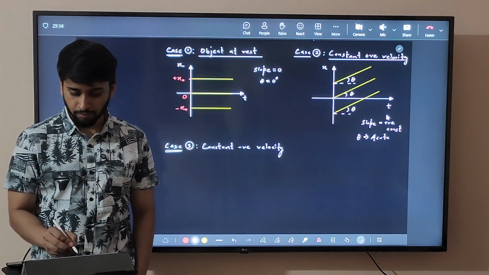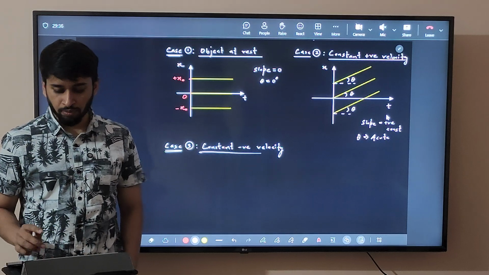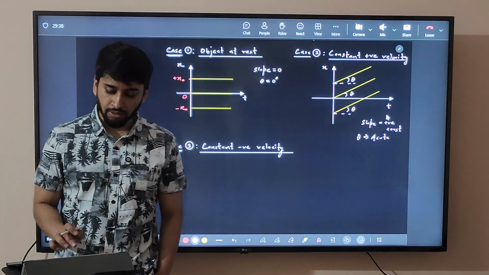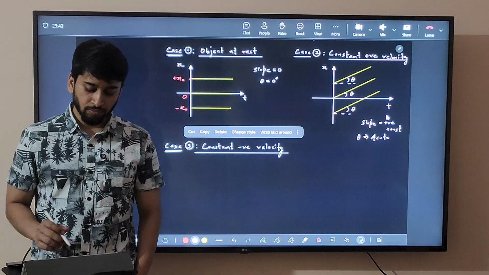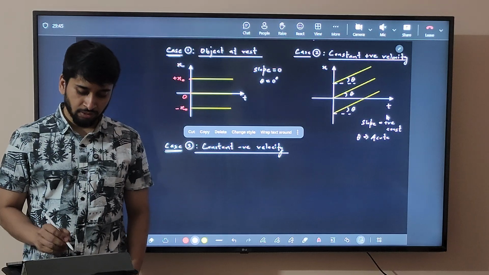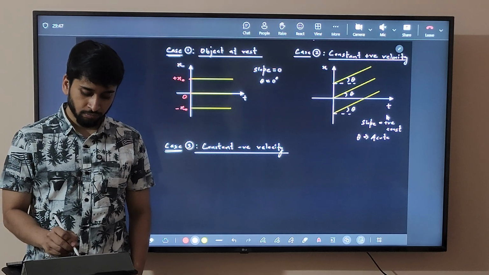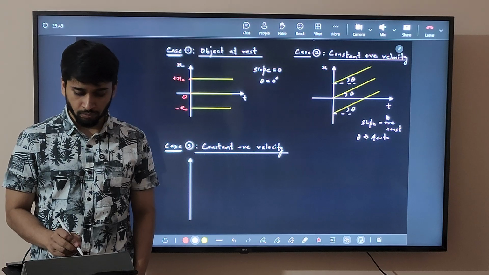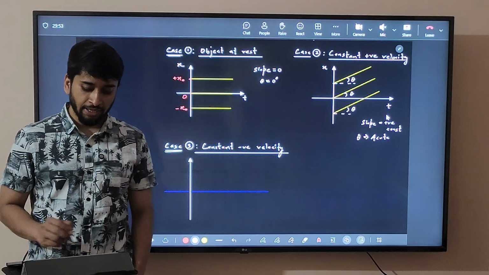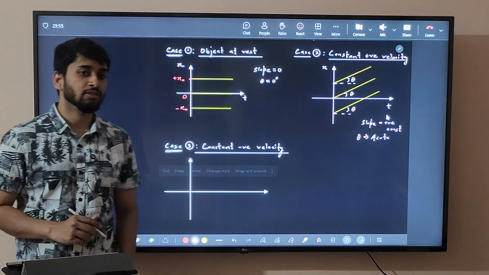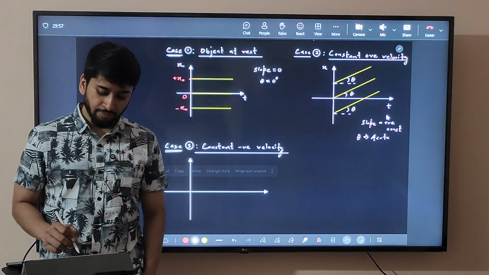So how will the graph be if we have constant negative velocity? For constant negative velocity, the slope should be a negative constant.